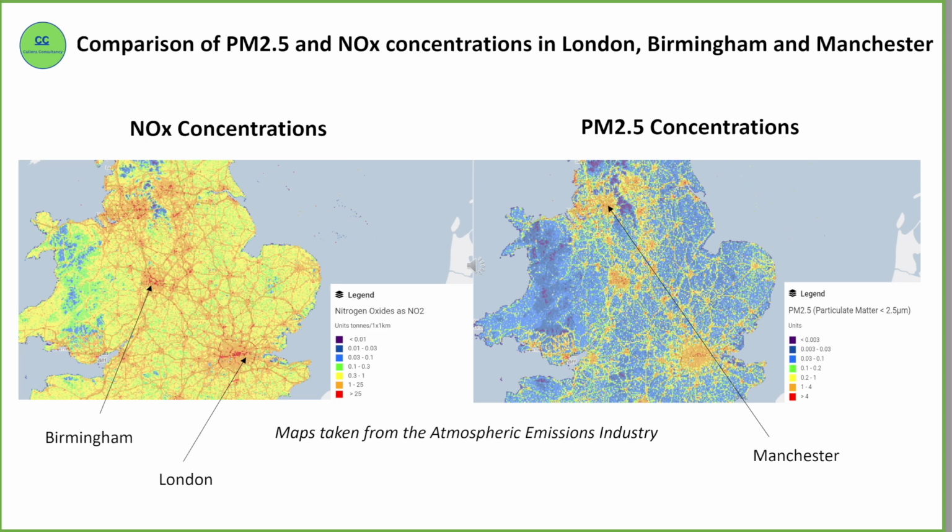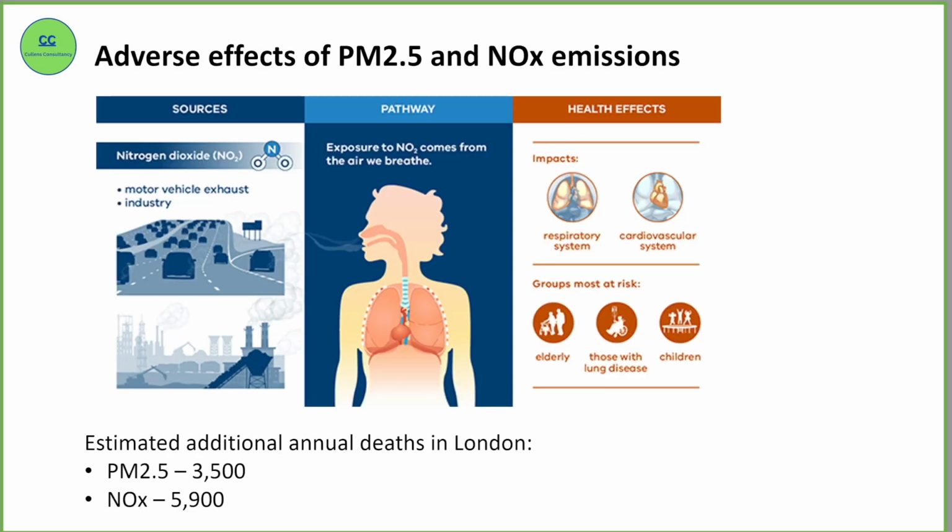The two pollutants analysed during the environmental analysis portion of the project were PM2.5, or fine particulate matter, and nitrogen oxides. Compared to the next two most populated cities in the UK, Manchester and Birmingham, areas of high nitrogen oxide concentrations are more common in London, whereas areas with high concentrations of fine particulate matter are consistent with the two other cities.